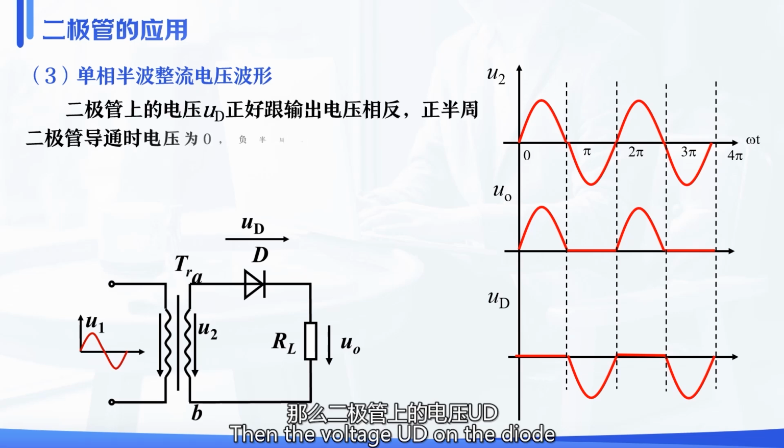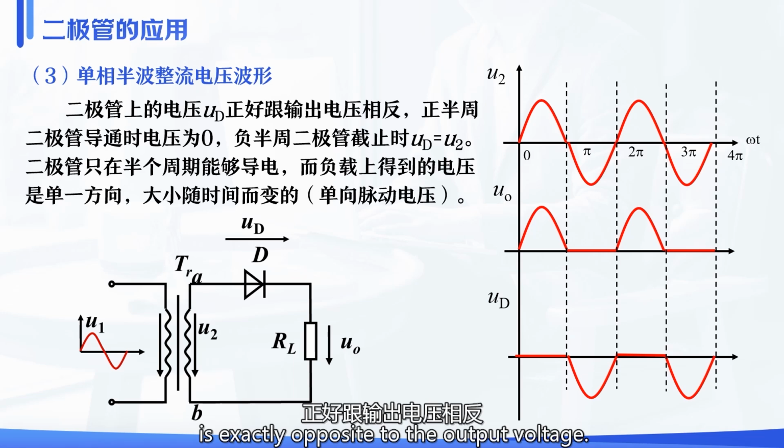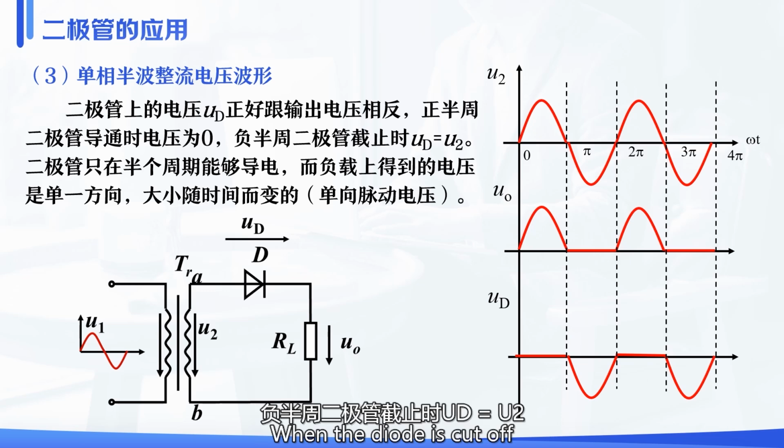Then, the voltage UD on the diode is exactly opposite to the output voltage. The voltage is 0 when the diode is conducting during the positive half cycle. When the diode is cut off during the negative half cycle, UD equals U2.